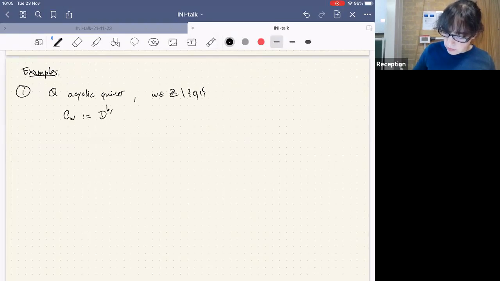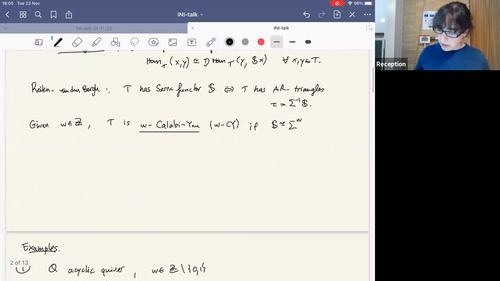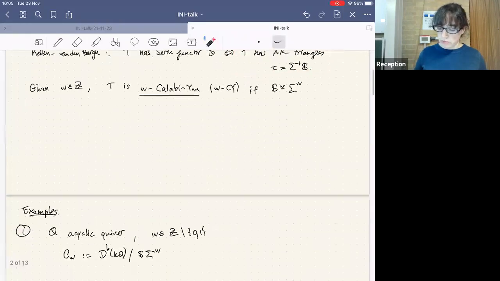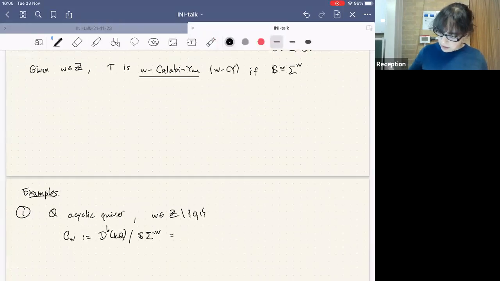So this is the orbit category of the bounded derived category by this functor. Remember, by this result of Reiten and Van den Bergh, we can write this in a different form: you can replace S by tau composed with the shift. So you get this.